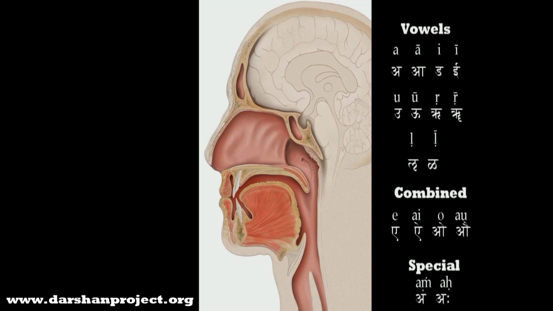So the first vowel that we have is shown as an A in transliteration, but it's really an uh sound, as in the word but. This comes up in the word Sanskrit itself, which most people, even longtime practitioners, it's so ingrained in us that we just say Sanskrit, but it's really Sanskrit.